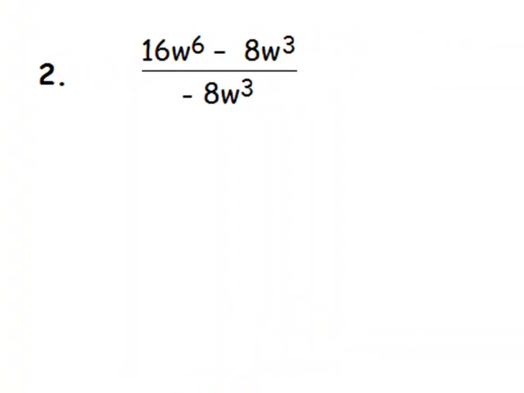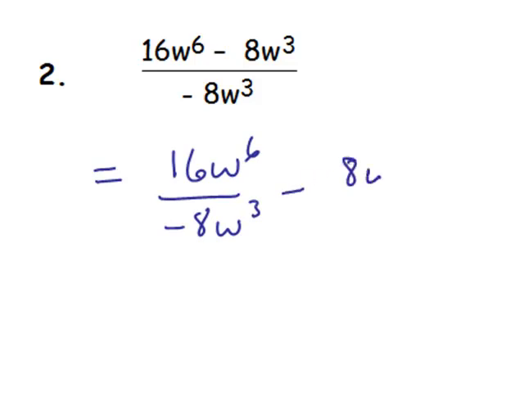Number 2. We will divide each by negative 8w cubed. This equals 16w to the 6th divided by 8w cubed minus 8w cubed divided by negative 8w cubed.